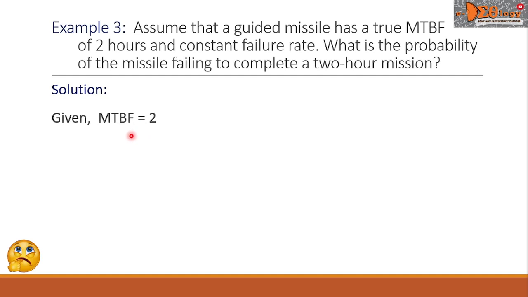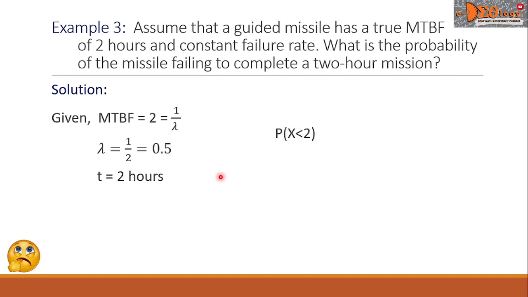We know that this MTBF equals 1 over lambda. In this equation, we can solve for the lambda. We change the position of these 2 and the lambda, so lambda is equal to 1/2 or 0.5. Another given in the problem is the time, and this is 2 hours.